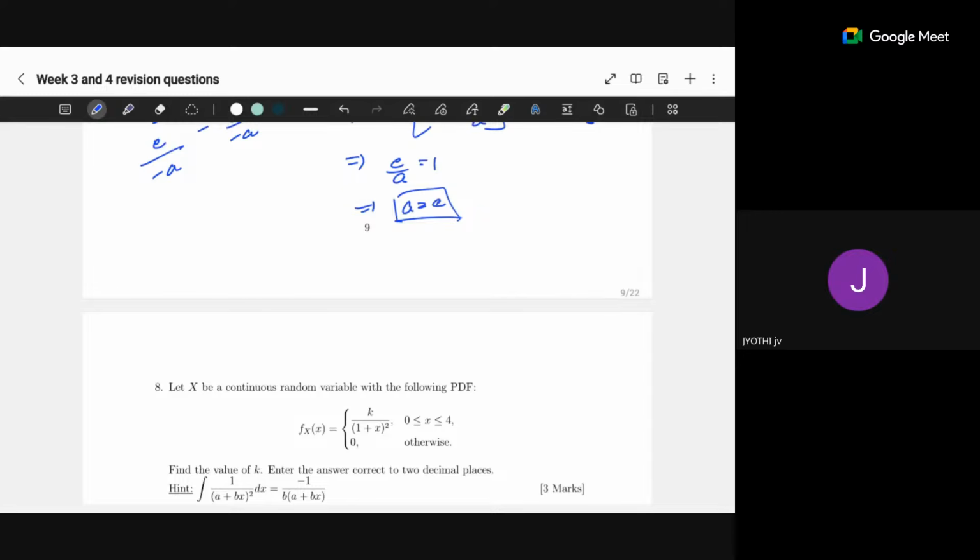Okay. So find the value of k, enter the answer correct to 2 decimal places. 1.25, ma'am. Ma'am, please wait. I don't remember the answer right now. Let's wait for the other people.